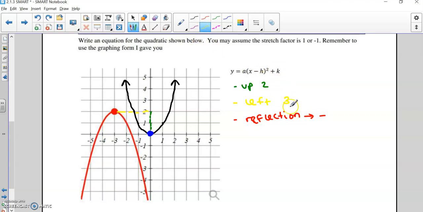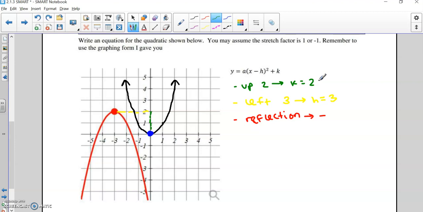So let's go back to these, right? We know that left 3, that's our h. H always represents left and right movement, and it's always the opposite. So if it's left, it's going to be a positive 3. Up 2, k represents up and down movement. So this right here gives us our k. Now k is not opposite, so up just means positive.